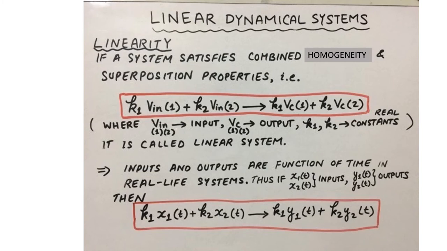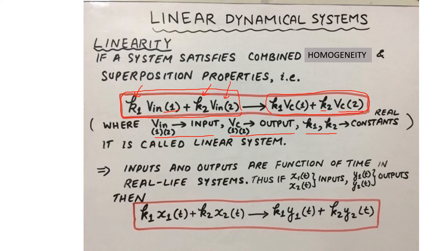So when you combine the two properties that define linearity, the condition becomes that if you have two inputs, V in 1 and V in 2, and the corresponding outputs are VC1, VC2, and we make use of two constants, K1 and K2, the condition says that if you have a weighted sum of the two inputs, where the weights are defined by the corresponding scaling factor, K1 for V in 1 and K2 for V in 2, then this should give you a corresponding weighted sum of the output, such that K1 multiplied by VC1 is added to K2 times VC2.